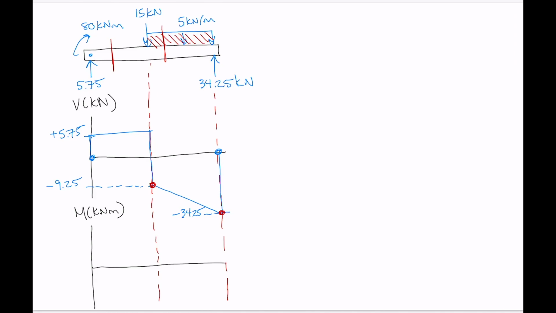In other words, the value of shear at L equals 10, this whole beam was 10 meters long, so we had 5 meters here and 5 meters here, would be equal to the value of shear that we started with at L equals 5, minus 9.25, plus the area under the distributed load, which is 5 kilonewtons per meter multiplied by 5 meters.